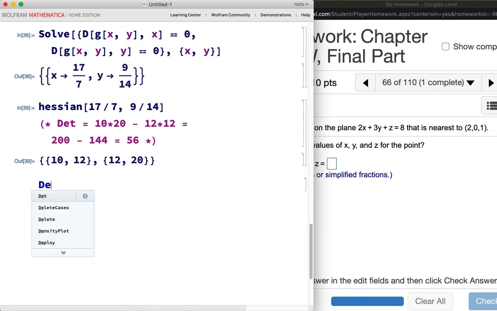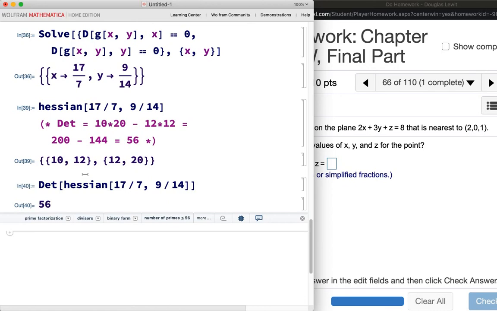Okay, so what is the determinant of the Hessian of 17 over 7 and 9 over 14? And that is 56. So how do I know? Because it's going to be 10 times 20 minus 12 times 12, which gives you 56.